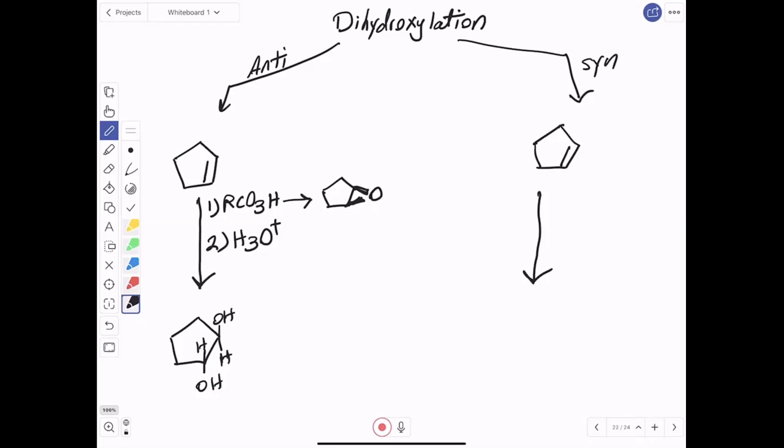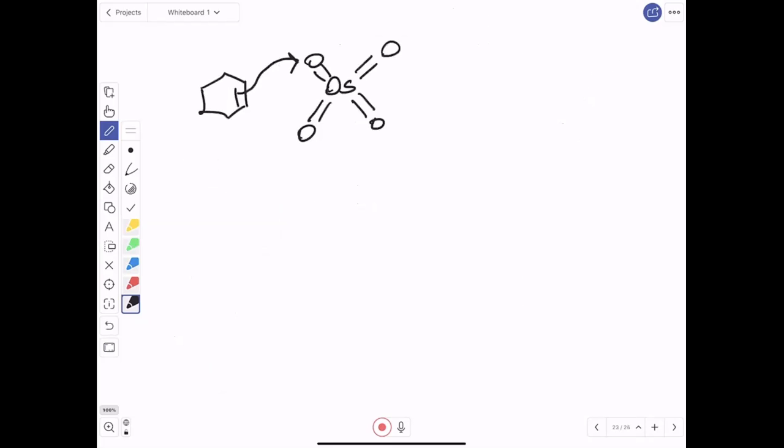And we have an alkene, and we add osmium tetroxide. A pi bond breaks, a new sigma bond forms between one of the carbons and oxygen. The pi bond breaks on osmium, the other pi bond breaks on oxygen, and a new sigma bond forms between oxygen and the other carbon.